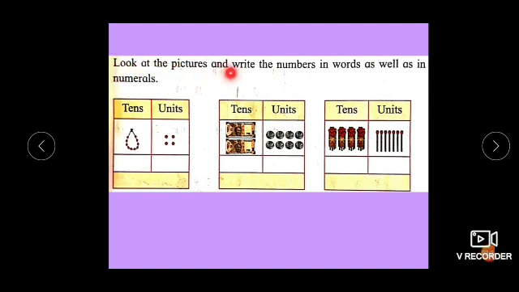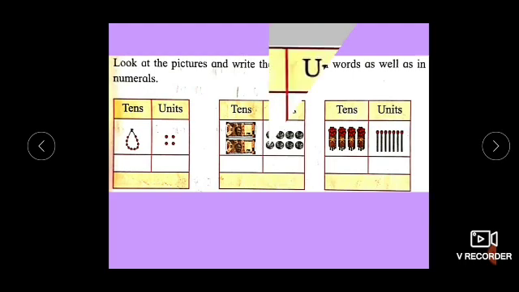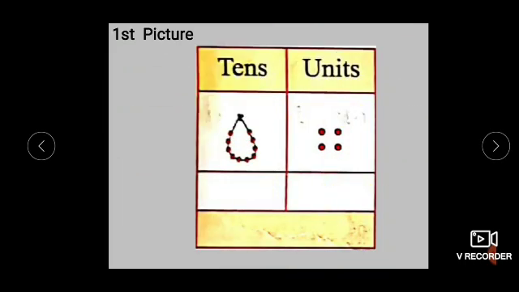Look at the pictures and write the numbers in words as well as in numerals. So we are going to solve this in the same way. In tens and units, we will write in number. In the box below that we will write in words. Let's see the first picture.